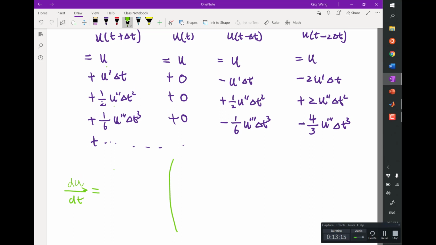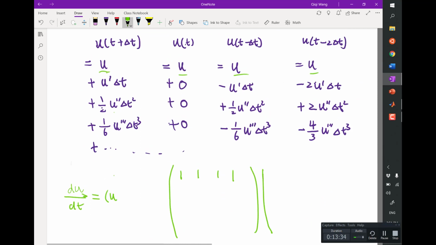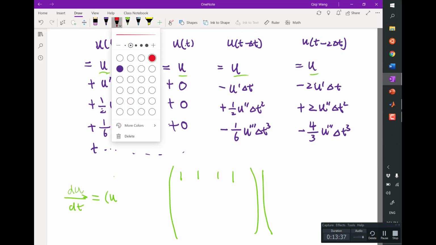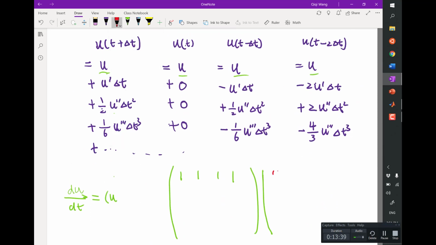The matrix is going to be 1, 1, 1, 1. So that represents these 4 u's. And this row is going to be multiplied with u, right? And these 4 numbers are going to be multiplied by C1, C2, C3, and C4. Let me just use this to write it down.